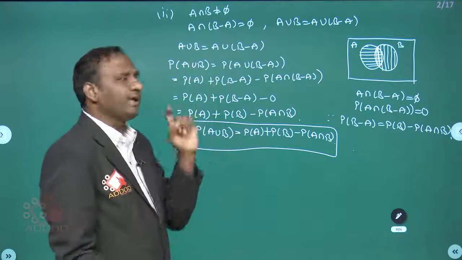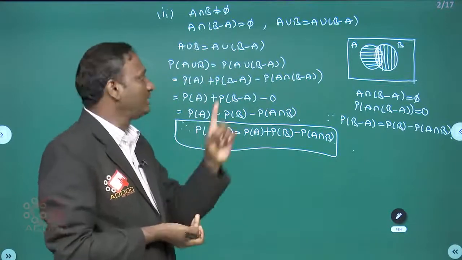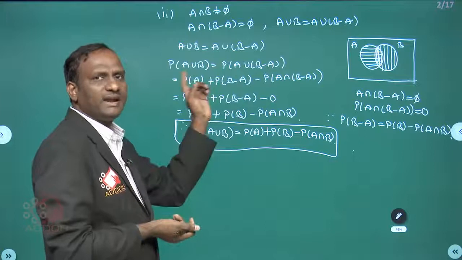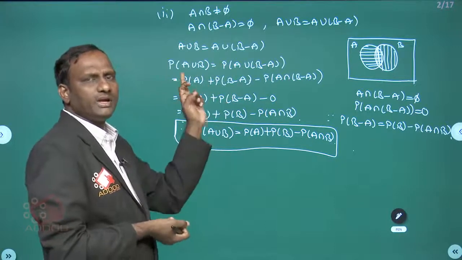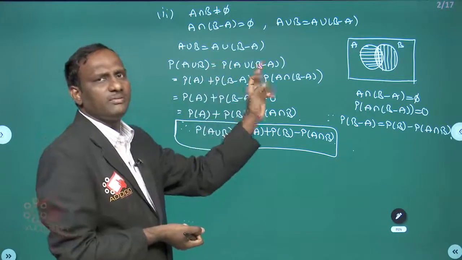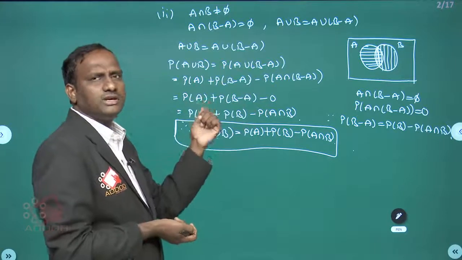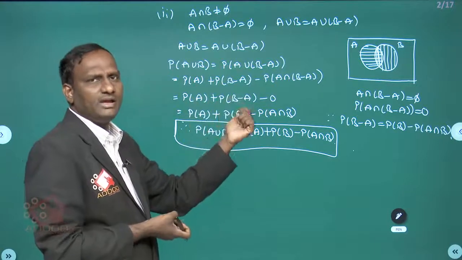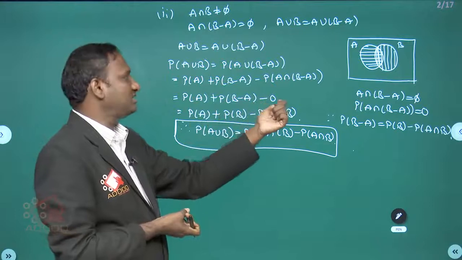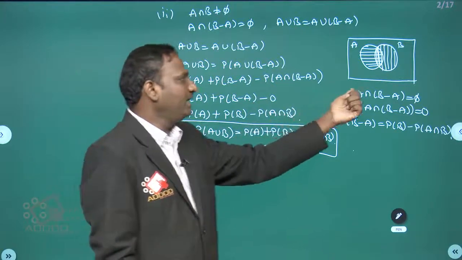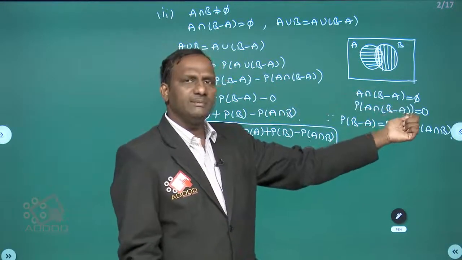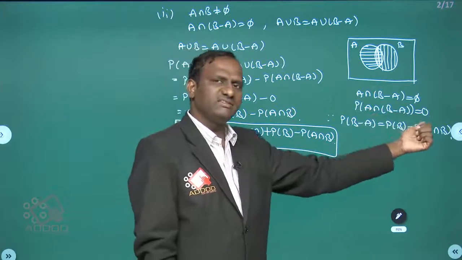Operating the probability function on both sides, P of A union B is equal to P of A plus P of B minus A. But A intersection (B minus A) is empty, so P of A intersection (B minus A) will become 0.